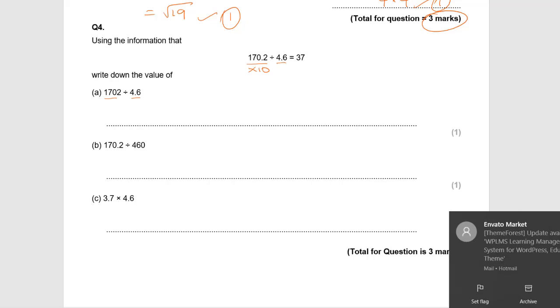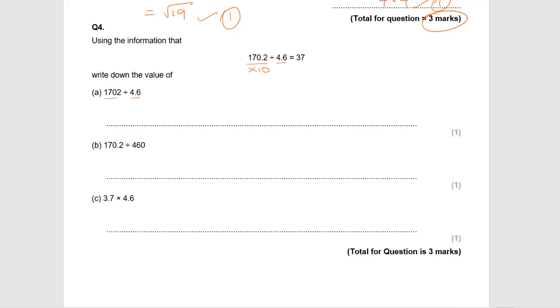That means the number is getting bigger, but the number we're dividing is still the same. So the answer is going to be 10 times bigger. So we have to times this by 10. 37 times 10 is 370, and it's just 1 mark.